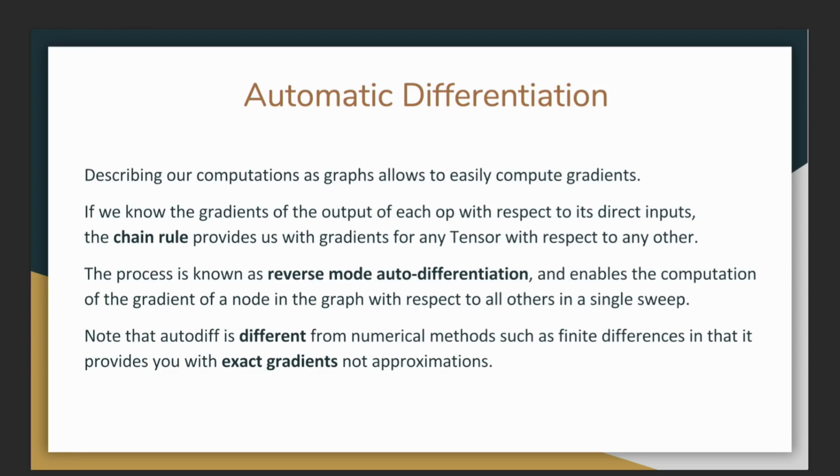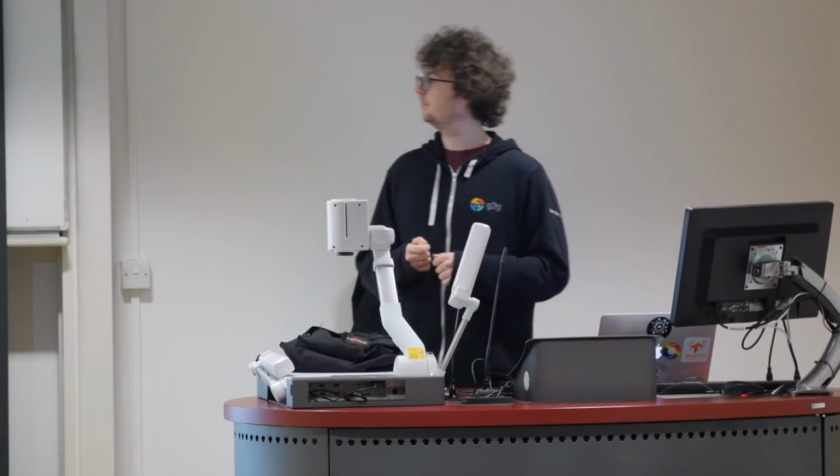Before going into that, I want to point out another huge advantage of using computational graphs, this abstract representation, and this is that it allows you to very easily compute gradients. If we know the gradient of the output of an op with respect to the input of that op, for every primitive op, which comes for free in TensorFlow, then the chain rule provides us a way to compute gradients for any tensor with respect to any variable in the graph, as long as there is a dependency between those.